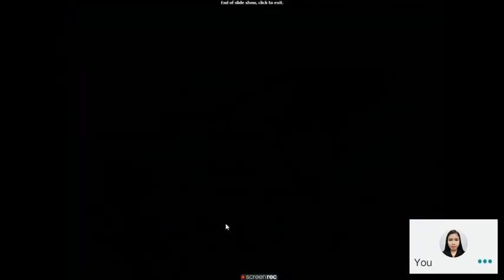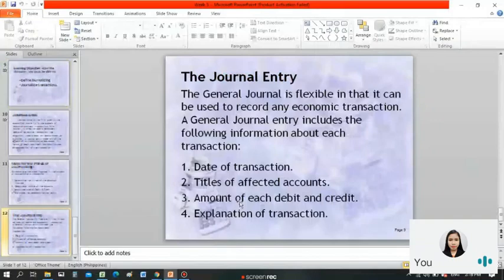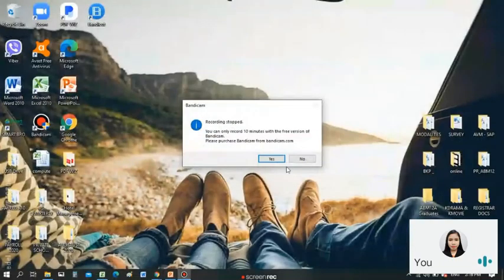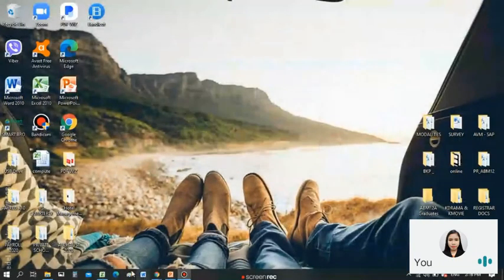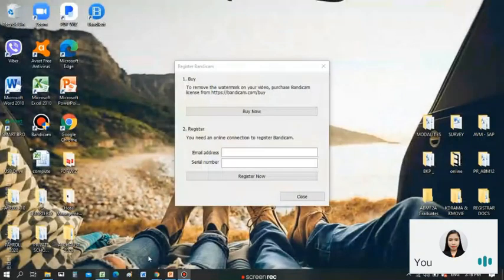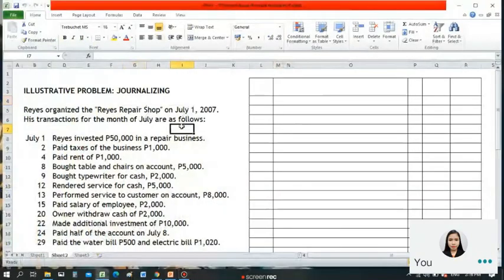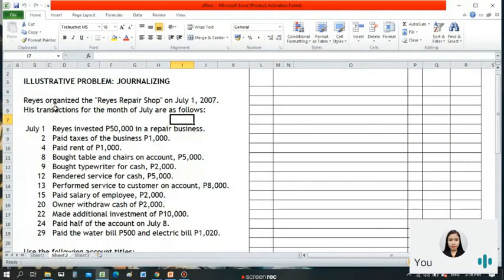Okay, I will show you a demonstration on how to journalize transactions. I prepared an illustrative problem. Reyes organized the Reyes Repair Shop on July 1, 2007.